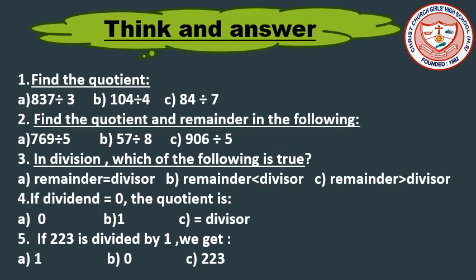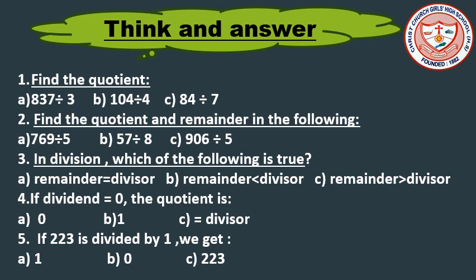Girls, this is the time for think and answer. So please read the questions carefully and try to answer them on your own. Okay. Number 1, find the quotient. A. 837 divided by 3. B. 104 divided by 4.